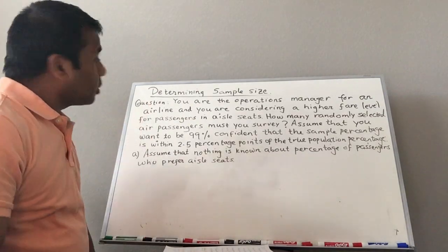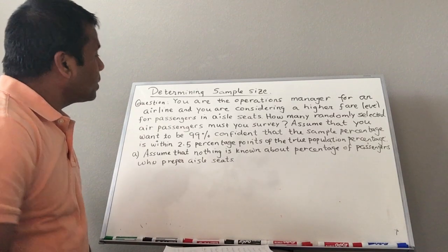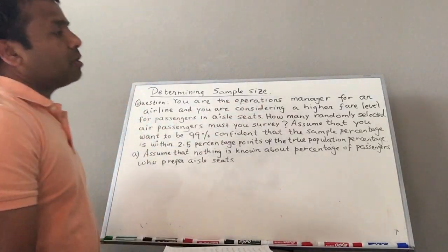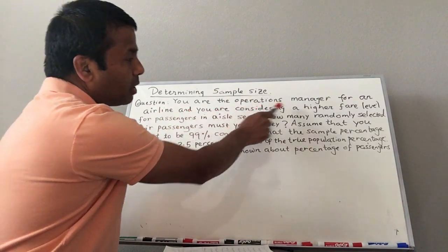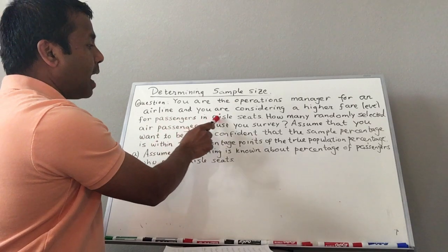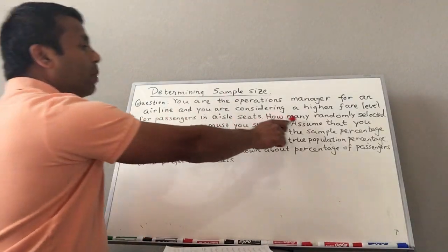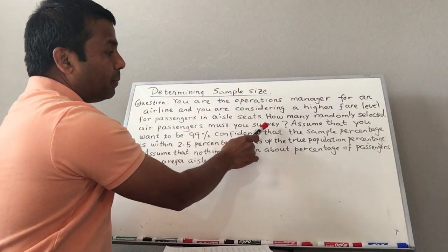So we will solve this problem. The question here is, you are the operations manager for an airline and you are considering a higher fare level for passengers in aisle seats. How many randomly selected air passengers must you survey?